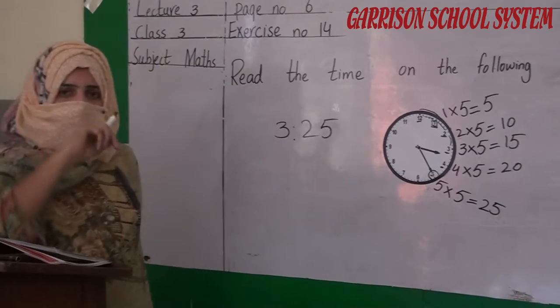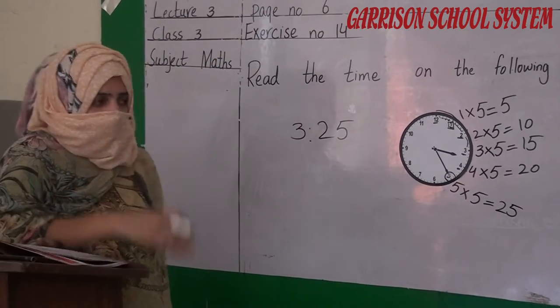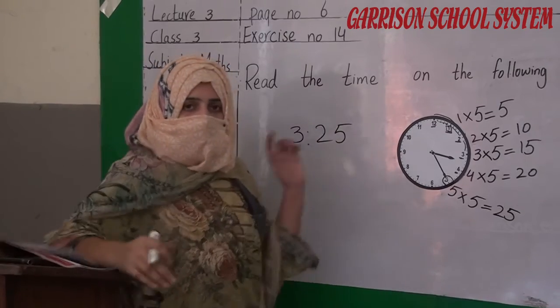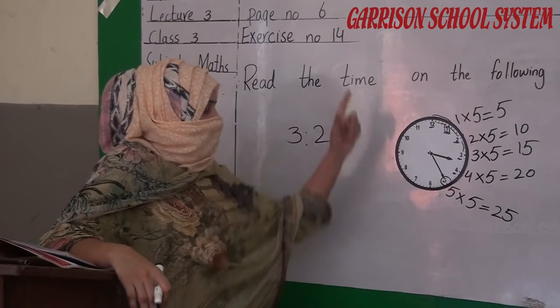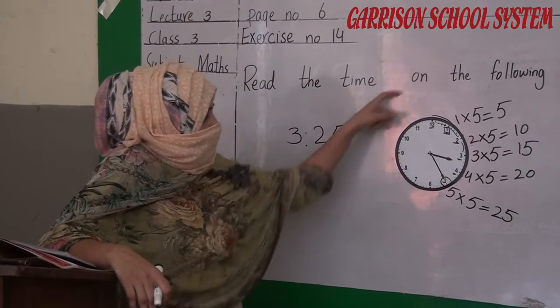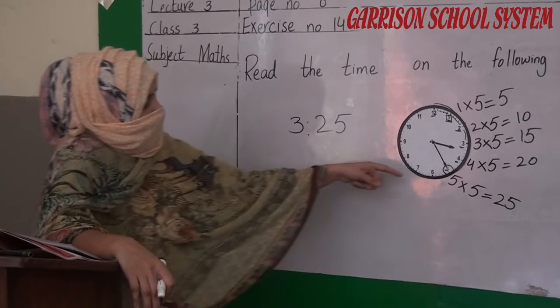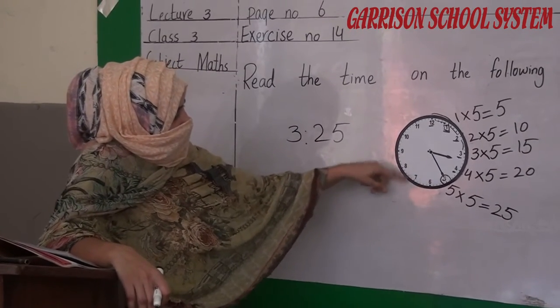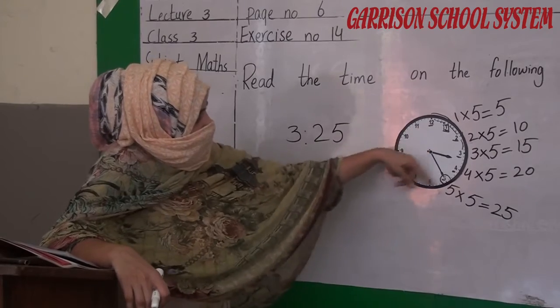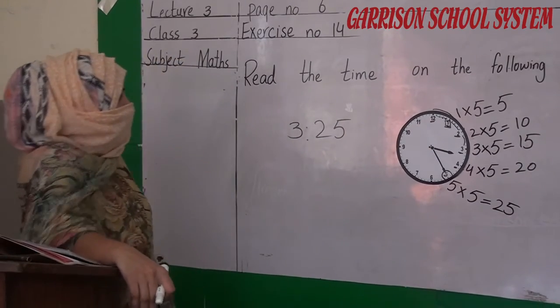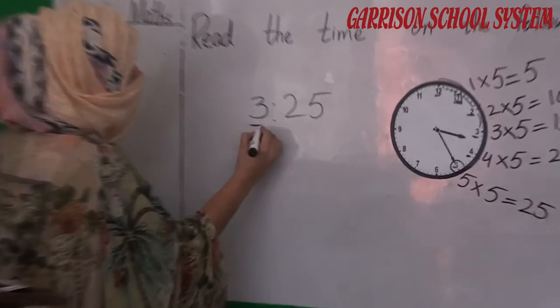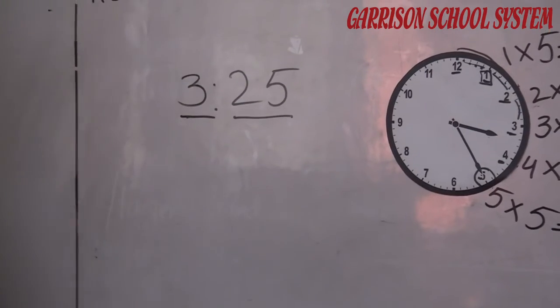And understand student, how we get minutes here? We have to recall the times table of 5, times table of 5 in this clock system. We have to multiply 5 by the number which is given here. So time is 3:25.